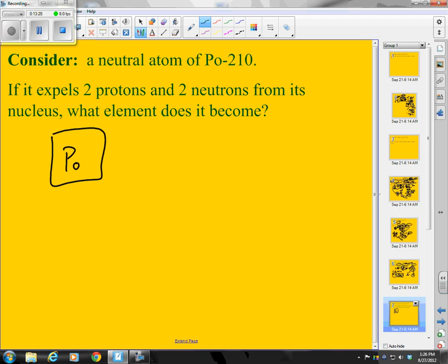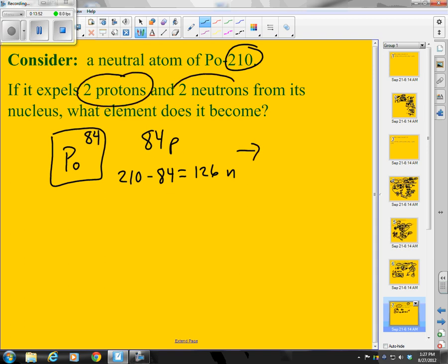Polonium has an 84 up here. That means it has 84 protons. So I have 84 protons, and we have polonium-210. So 210 minus 84 looks to me like I get what? How about 126? 126 neutrons, and then that's transformed, and what happens? I lose 2 protons and I lose 2 neutrons, so I end up with 82 and 124.